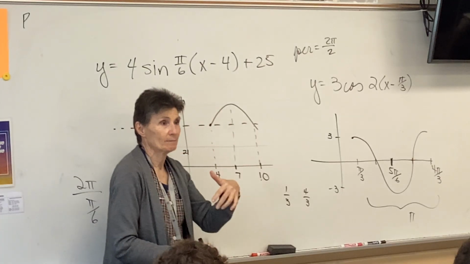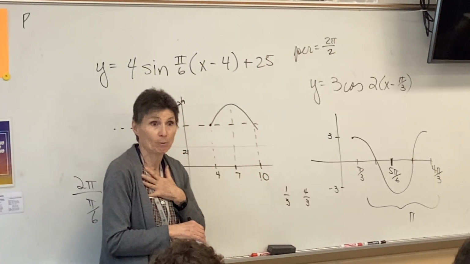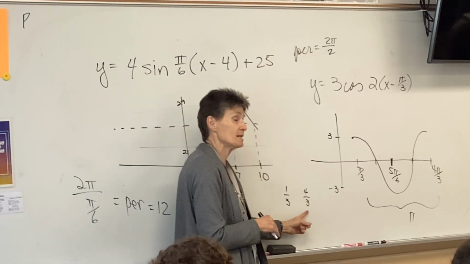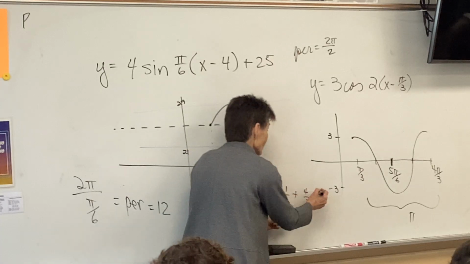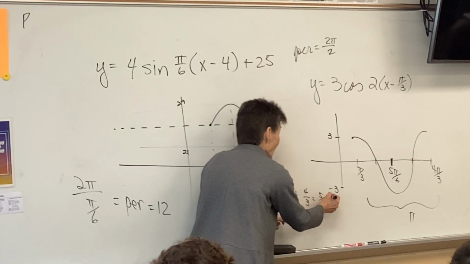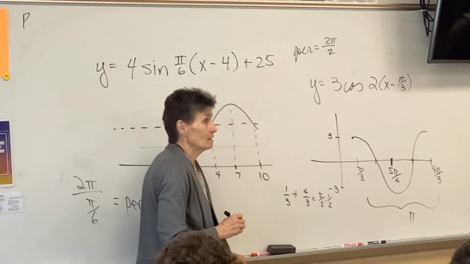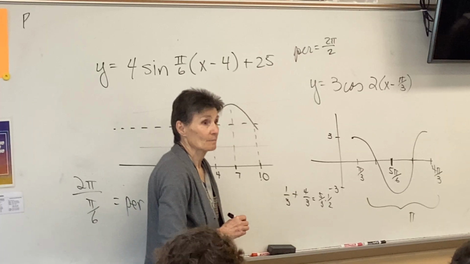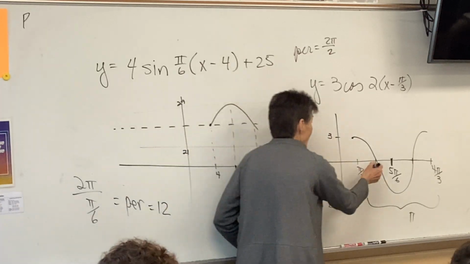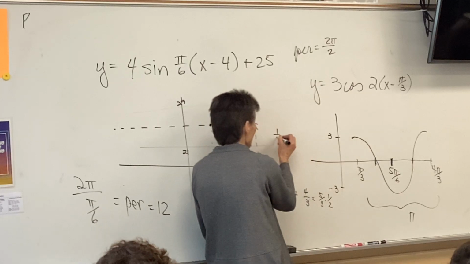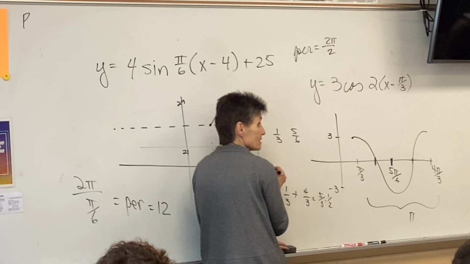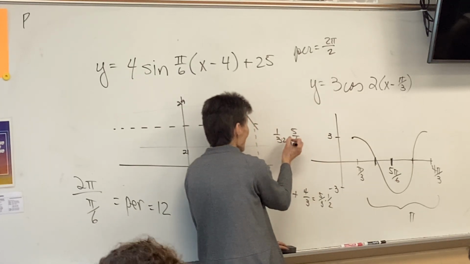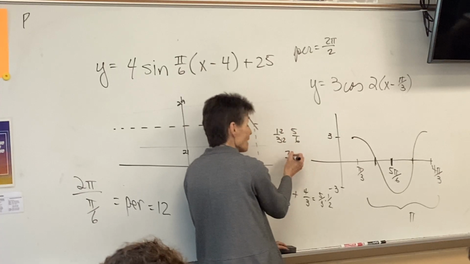How did Leo do that? He did midpoint. I don't know how he did it. I did midpoint. So I'm gonna average these. So add them together, I get 5/3. Half of it is 5/6. Then you get to do it again. You've got 1/3 and 5/6. Add them together would be 7/6.